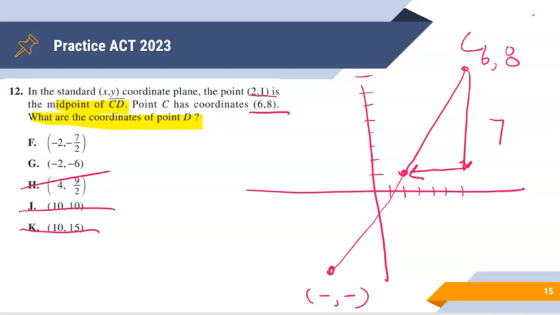Right, and that gets me again to the point 2, 1. Well, if I go down 7 more, then over 4 more, from 2, 1, I'm going to wind up at -2, -6. Draw the picture. Makes life a lot easier.